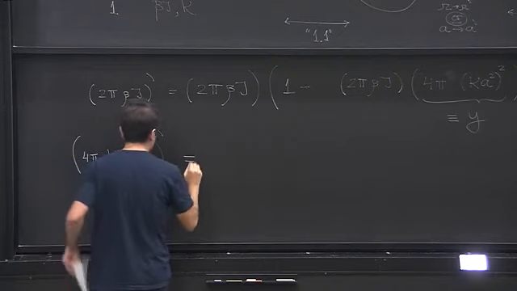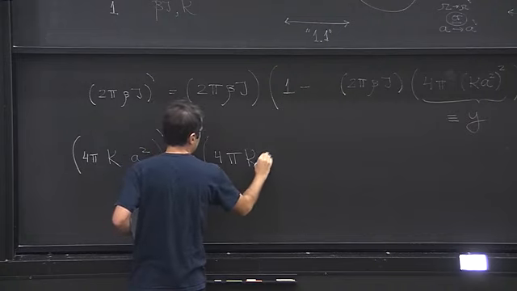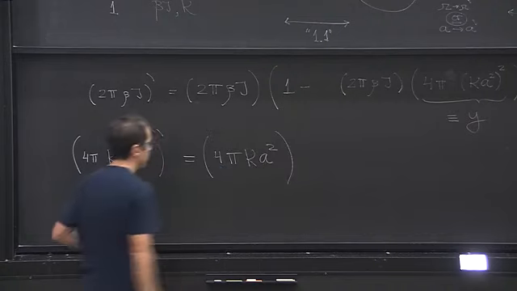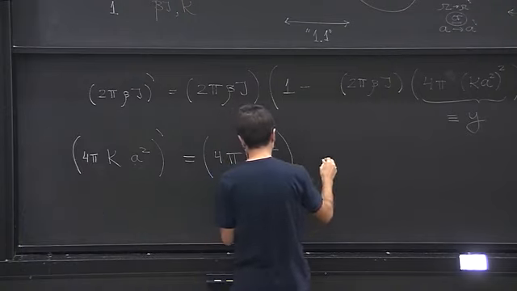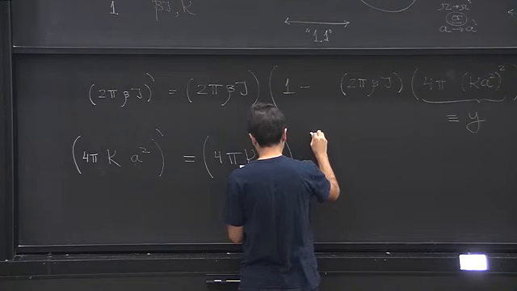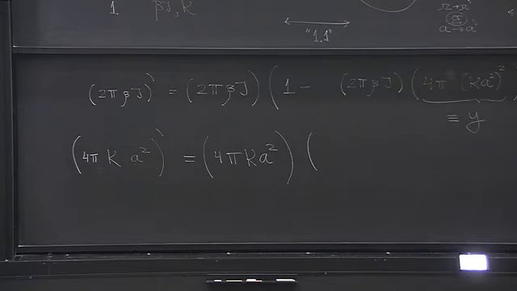And by how much does this change? This changes by, I'm going to write it, there is 4 pi k a square. So I just multiplied by a square, and I copy from what I wrote there. Sorry, 1 second, because this is important.